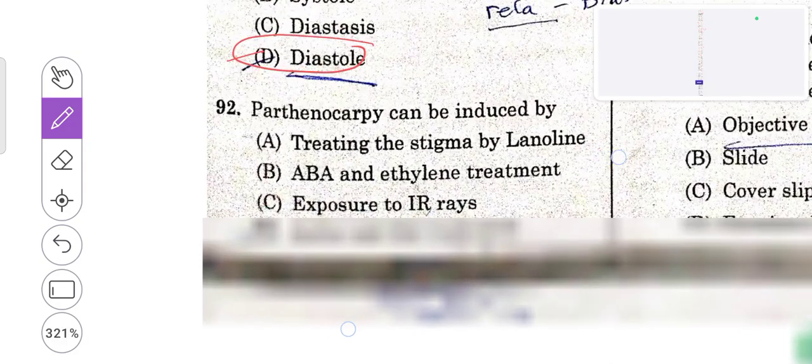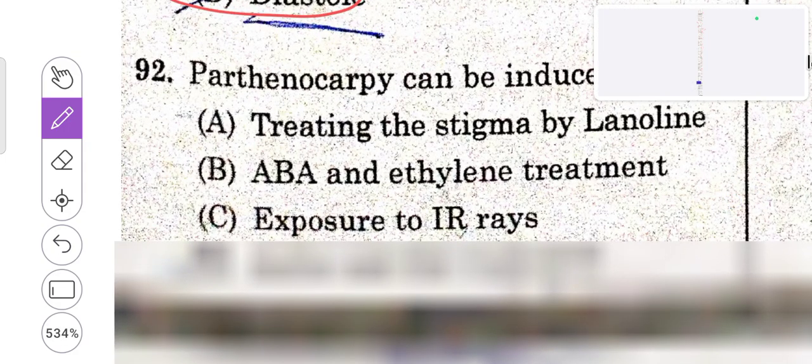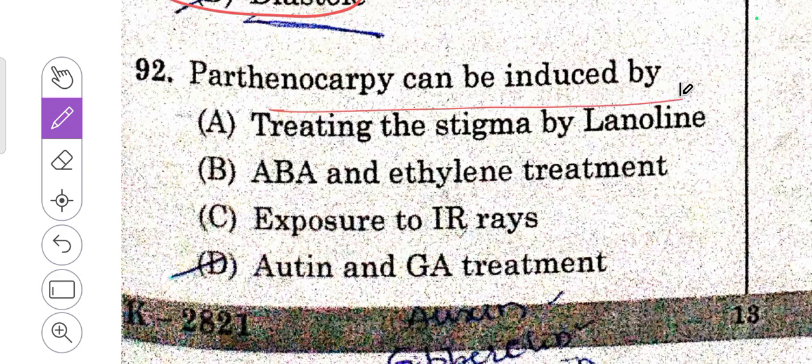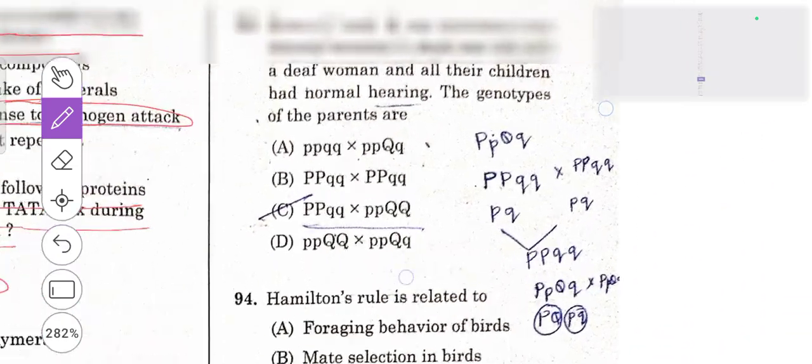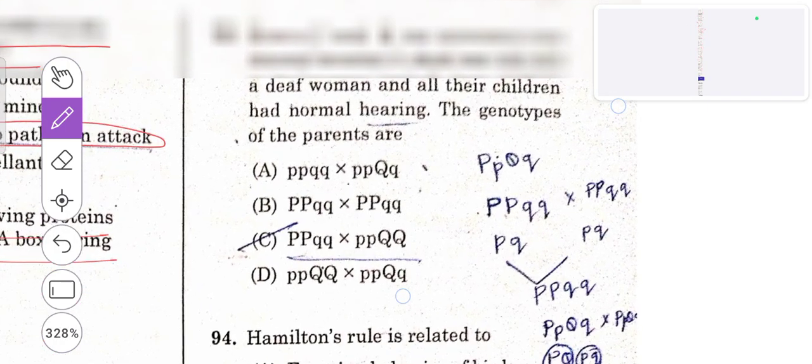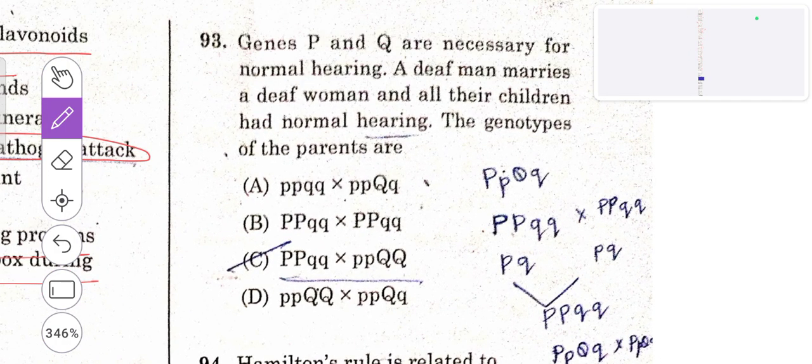Then 92. Parthenocarpy can be induced by auxin and gibberellic acid treatment. We can induce the parthenocarpy. Parthenocarpy is where, without fertilization, a seed will get formed.